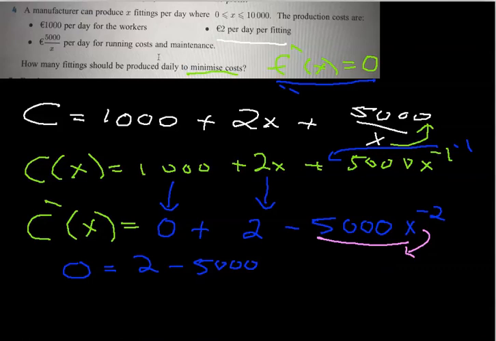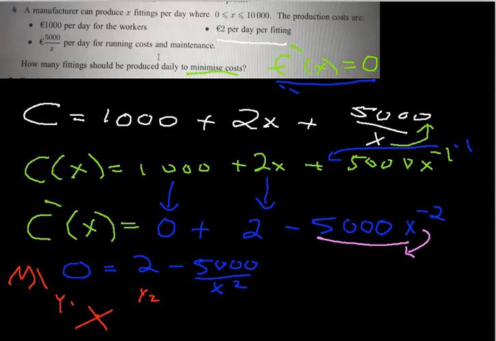So I actually have 5,000 over x squared. Now, of course, you can put this into your calculator. That's the easiest way. So here you get your method mark. In your calculator, normally you would plot this as y1, plot this as y2, and find the crossing point. That would be your x that gives you a minimum.